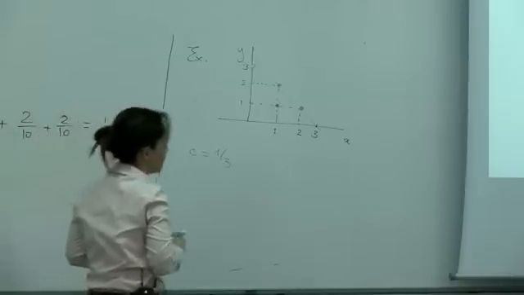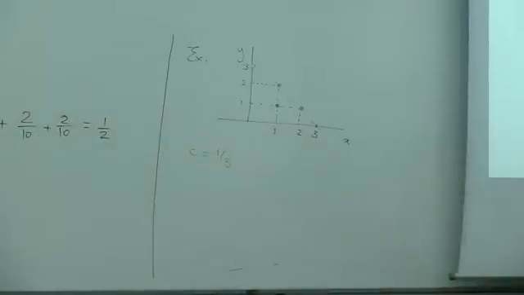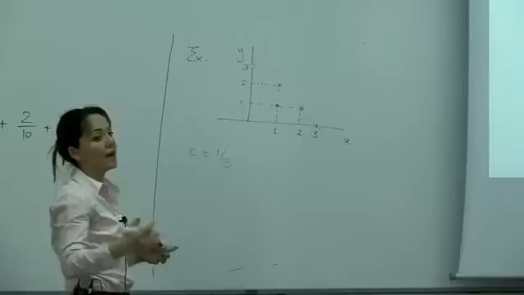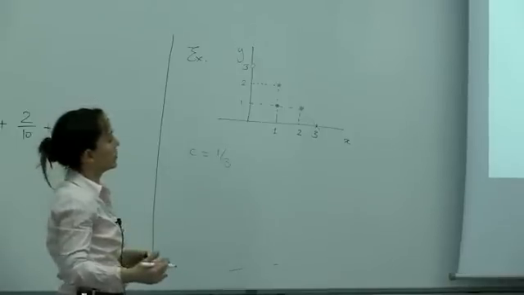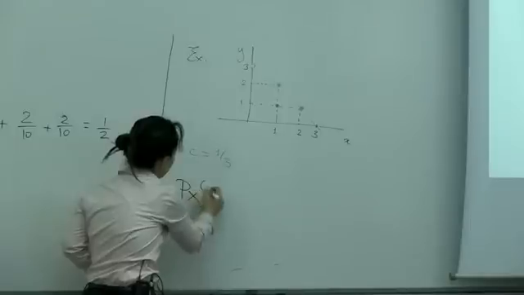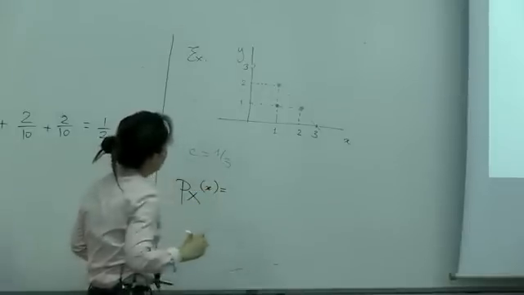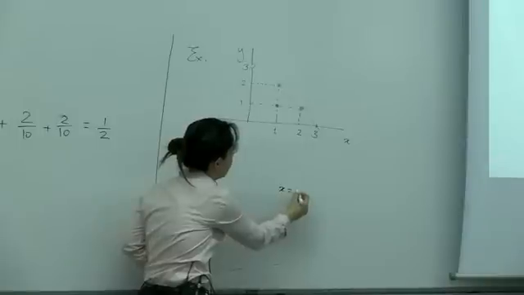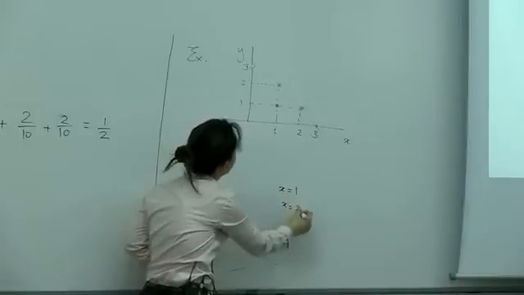Find the marginals. What's a marginal? We name the distribution of x and the distribution of y as their marginal distributions in order to distinguish them from the joint. Let's find Px of x. Well, how many values can x take? X is either 1 or 2.